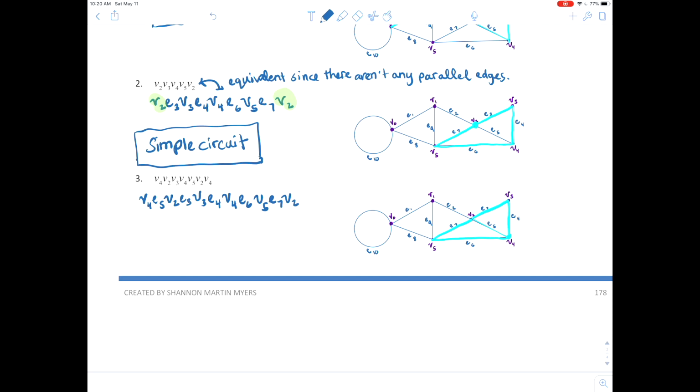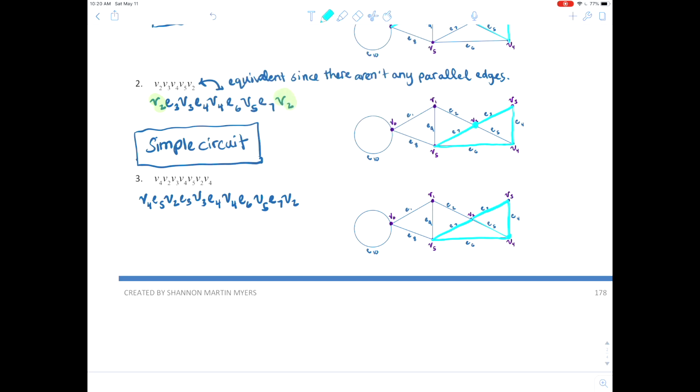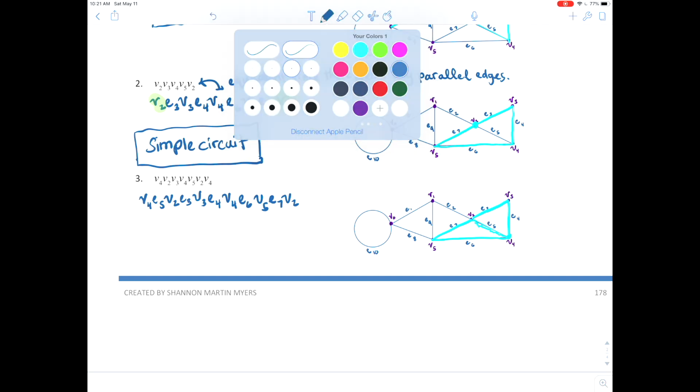And then our last one goes from V2 to V4. To get from V2 to V4, we repeat an edge. Do you see that? We repeat edge 5 to get from V2 to V4.